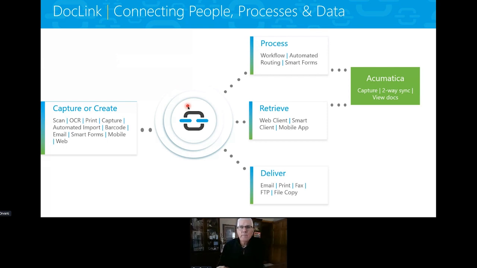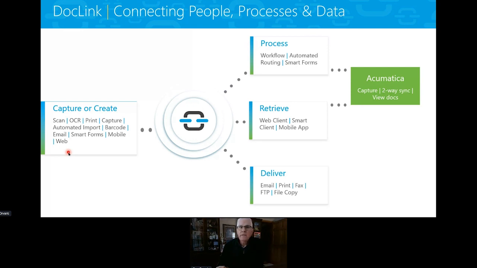Now, how do we get the information into the repository in the first place? There are many ways that we can accomplish that. Through the integration with Acumatica, we can capture your purchase orders and that data and bring it in completely hands-free.